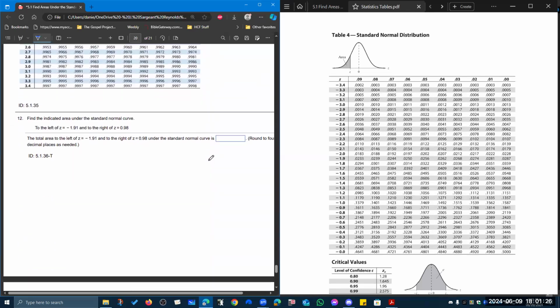Twelve asks me to find the indicated area under the standard normal curve that's to the left of negative 1.91 and to the right of positive 0.98. Because it's symmetric, I'm going to look up what's to the left of negative 0.98. So negative 1.91 is 0.0281, and I'm going to add to that.